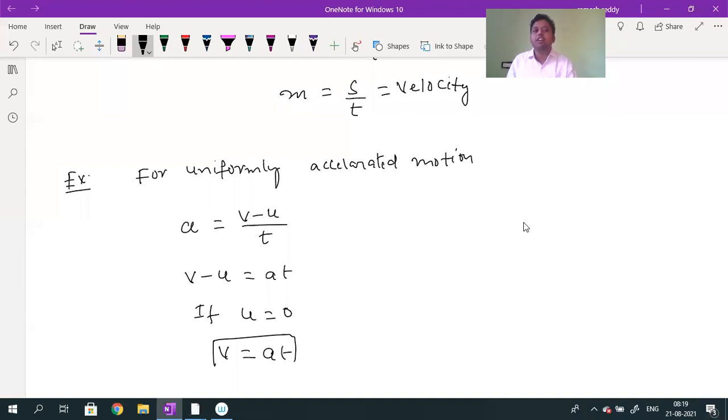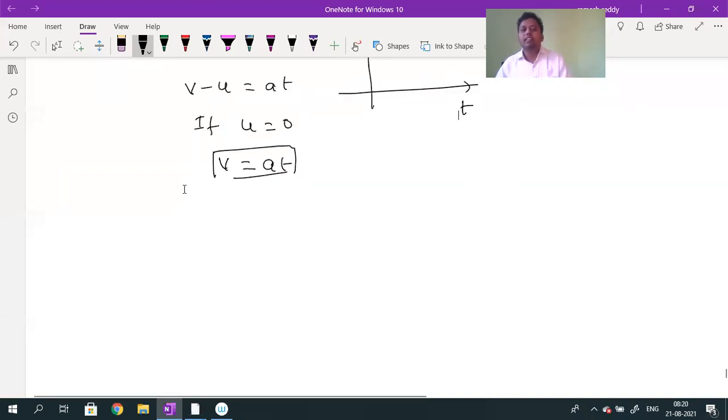For uniformly accelerated motion, when I plot the graph between velocity and time, velocity should be taken on the y-axis and time on the x-axis. Initial velocity is 0, right? So v is equal to at. But here the a value is constant for uniformly accelerated motion.